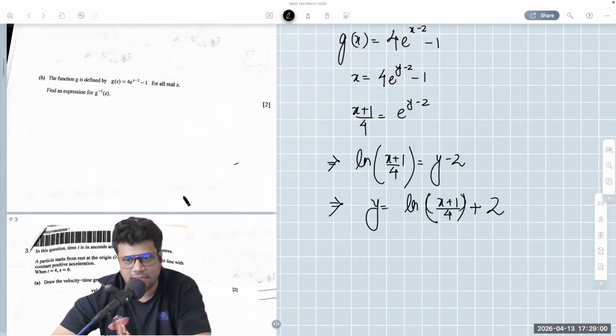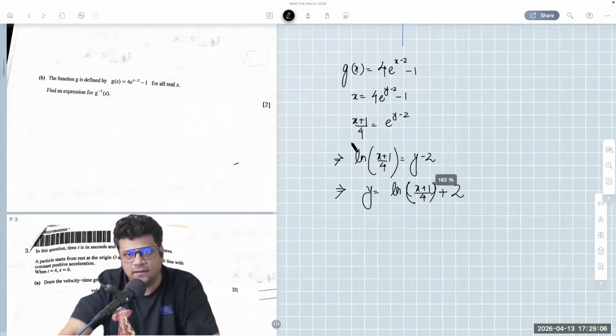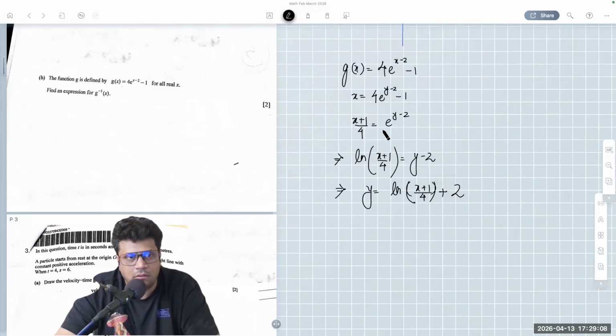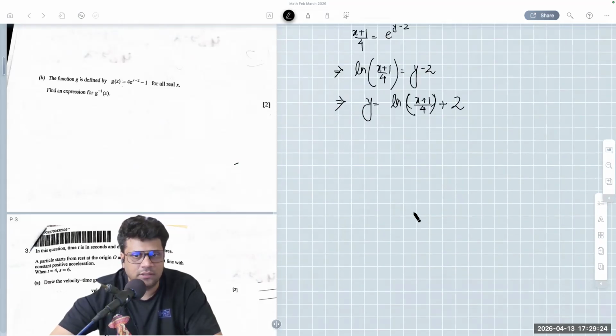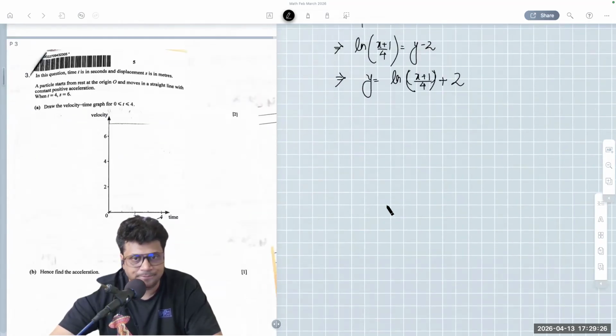Well, that is the expression for g inverse x. Let's just check once. x equals 4e to the power of y minus 2, minus 1, x plus 1 by 4. So ln of that is y minus 2, y equals ln of x plus 1 by 4, plus 2. Okay, so that was it for part B.